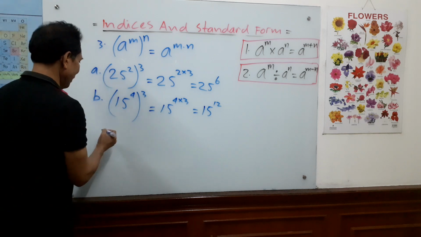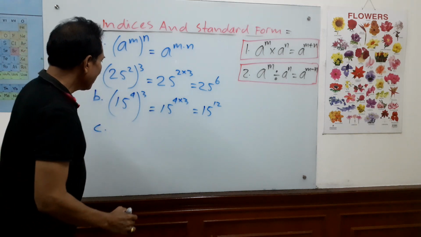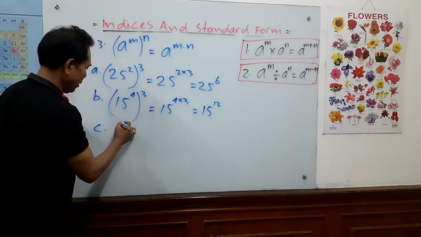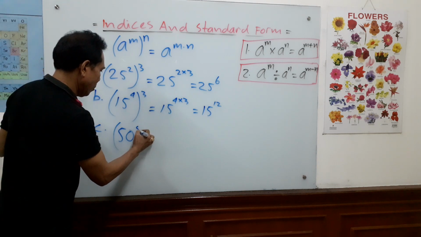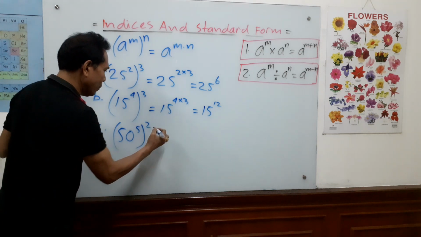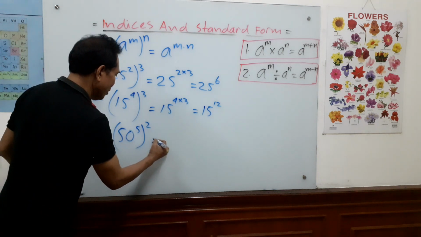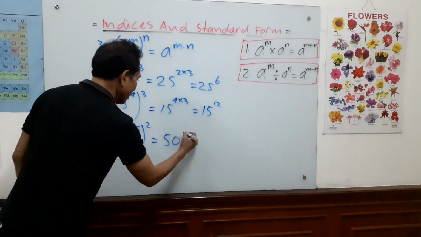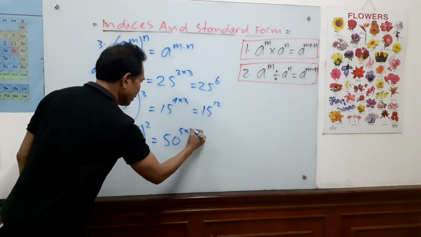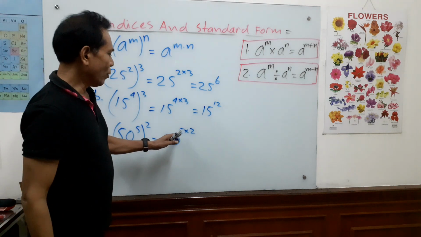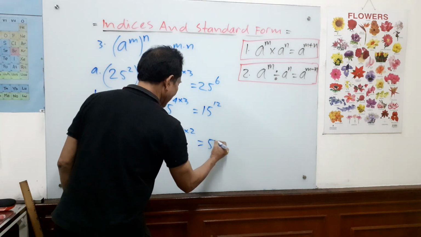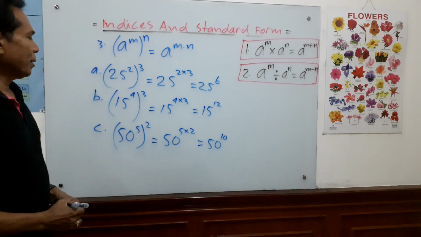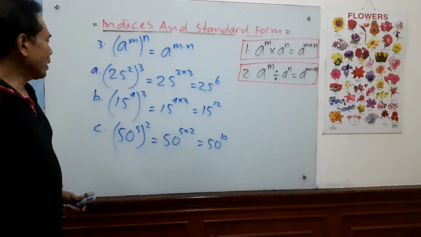One more question for this formula. 50 power 5 to the power of 2 equals 50 power 5 times 2. 5 times 2 is 10. So 50 power 10.